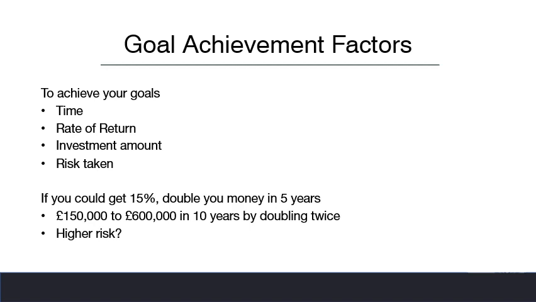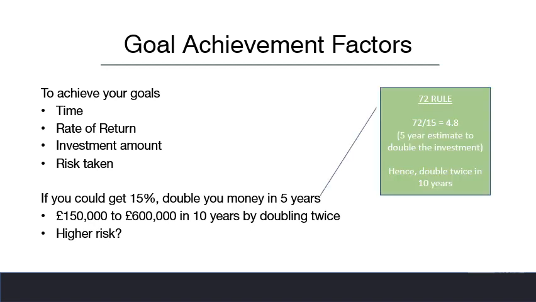Now we know that in order for £150,000 to reach £600,000, it will need to double twice at a medium risk, say, of 7.2%. But what if they're prepared to take a higher risk? It could be that they could achieve an awful lot more. 15% maybe, taking a higher or very high risk with their money, they could achieve that double in 5 years.